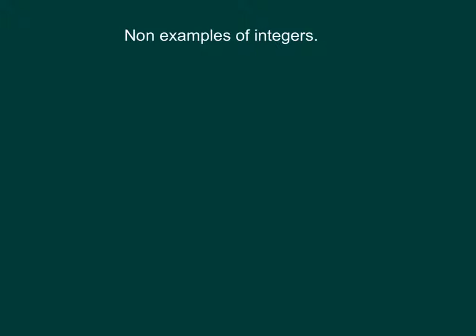Let's look at non-examples of integers. Sometimes we're going to look at examples of integers. Sometimes I'm going to make sure that you understand what is not an integer, or what is a non-example of an integer. We've got to go back to our definition of integers and remember first that integers are whole numbers and their opposites, and they do include 0. So a whole number is an integer.